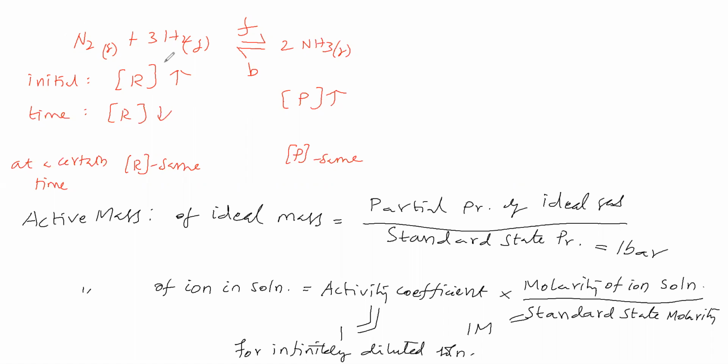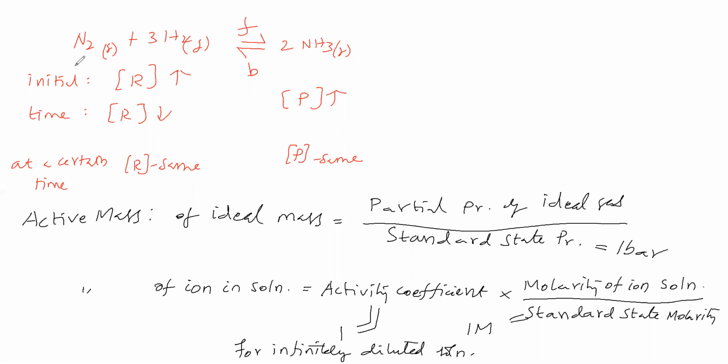On mixing both and giving the necessary conditions, the reaction takes place. That means the forward reaction takes place, in the sense N2 and H2 are disappearing. N2 and H2 disappearing means the concentration of reactant decreases.